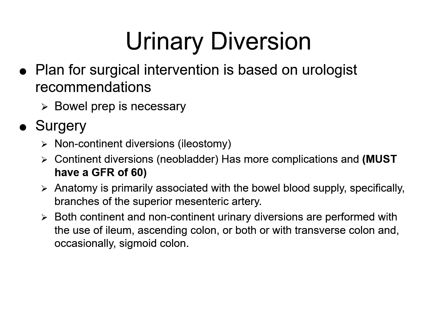If they had a continent one, which means that they just put a new bladder in that was made out of the bowel, they have more complications and they have to have a functioning kidney, and that means their GFR has to be at least 60. If it's below 60, they're not a candidate for having a neobladder.